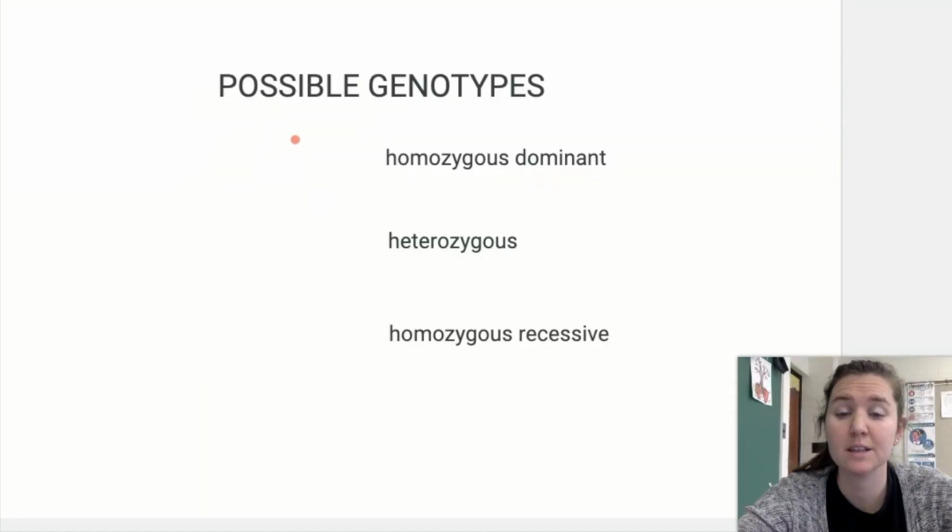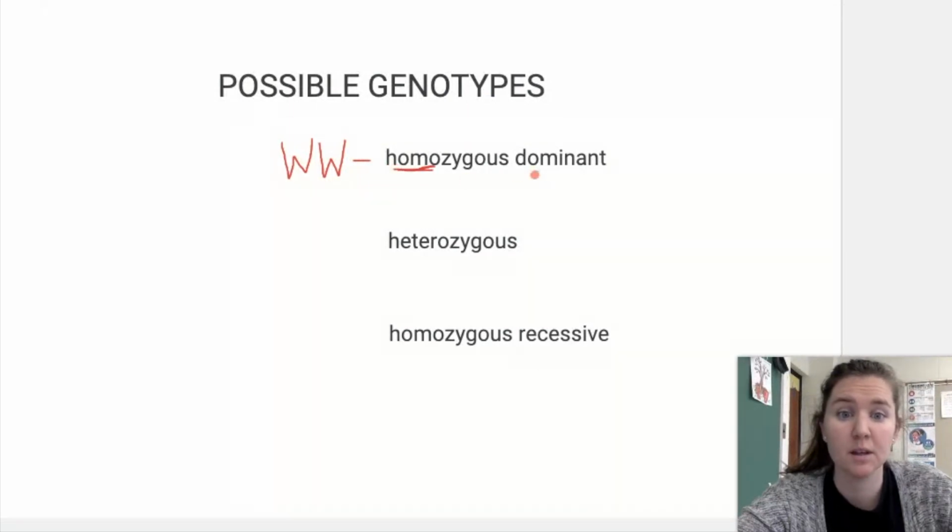Now, everyone has two of those alleles since they get one copy from mom and one copy from dad. So if they have two dominant alleles, like this, it's called homozygous dominant. This prefix homo means same and dominant, so they're the same and they're both dominant.